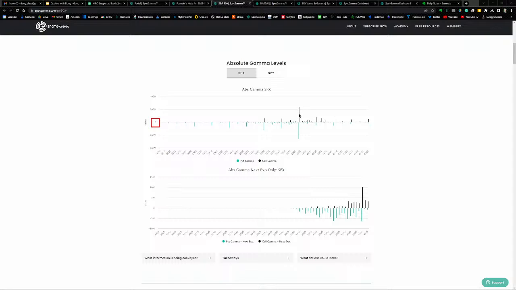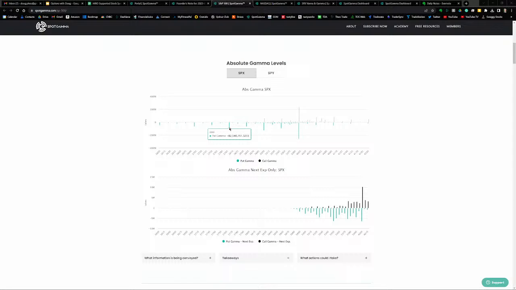That's shown by the black bars, and below the zero level, that is negative gamma or put gamma, shown with the teal bars. And the 4,000 level remains the absolute gamma strike, and you can see that is obviously the strike with the largest absolute gamma.